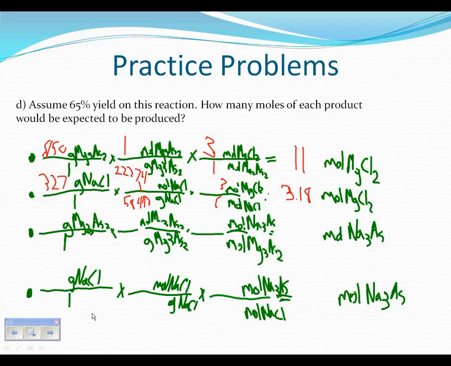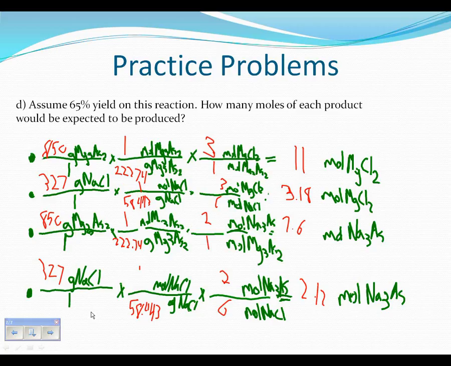I'll just write in the other ones. That one equals 7.6. That equals 2.12.